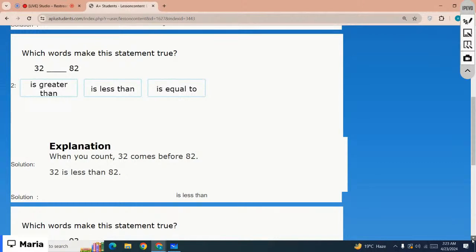That means 32 is less than 82. The correct option is less than. Okay, let's just start with the practice questions.